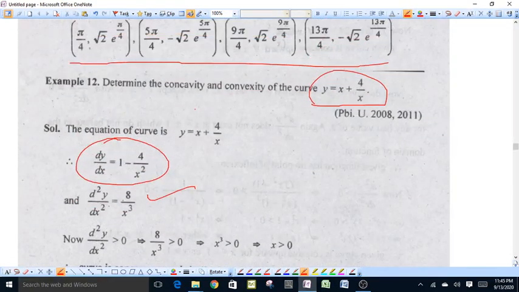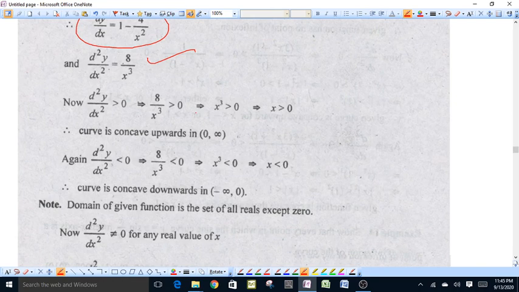Because in this question we have to find the concavity and convexity of the curve, second order derivative will be positive when 8 upon x cube is positive, because numerator is positive.